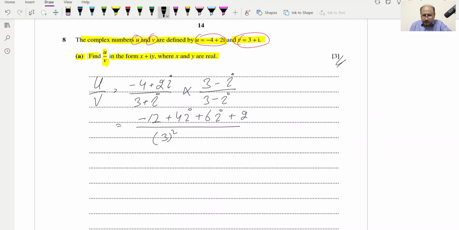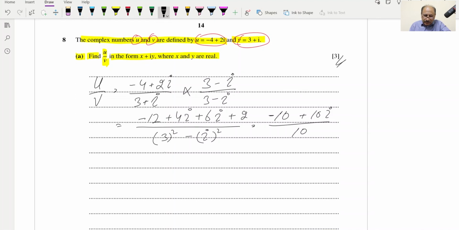And the denominator will be 3 squared minus iota squared, and this will be equal to, if we add the like terms, minus 10 plus 10 iota over this will be, 3 squared plus 1, which will change to 9 because iota squared is minus 1, so 9 plus 1 will be 10, so over 10.